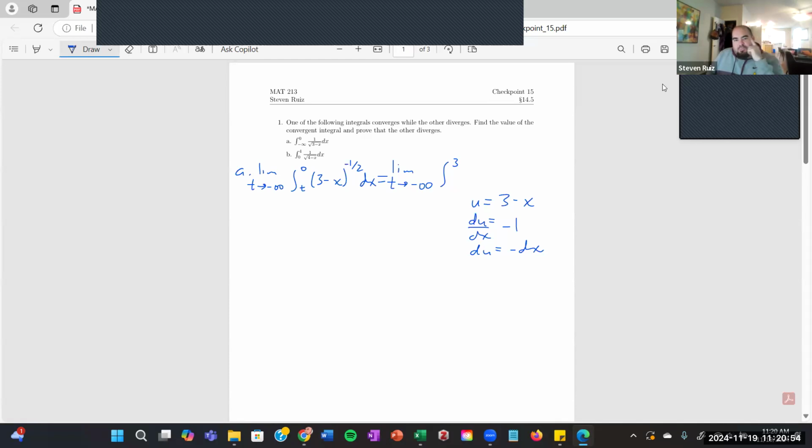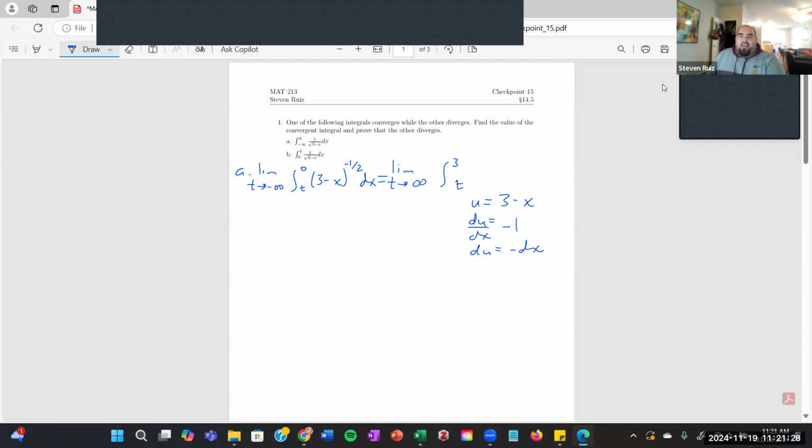I think this is now going towards positive t or negative t. Or I'm going to look at it this way: now t is going towards positive infinity. So a lot of different ways to look at this. I'm going to still say that the lower limit of this thing is t, except now t is going to positive infinity because I've now subtracted the variable.